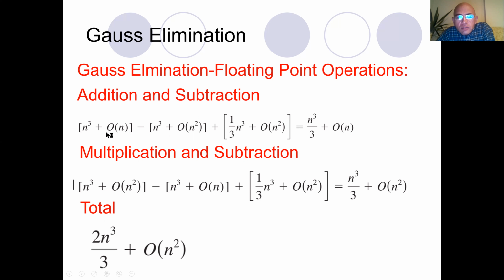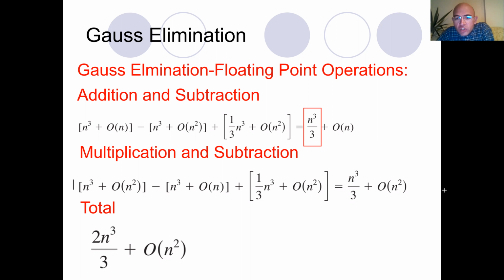So as a result, if we sum up all these things, we have n cubed divided by 3 addition and subtraction floating point operations, and the remainder is of order n, the number of unknowns or number of equations, in other words, operations. This is what you do.